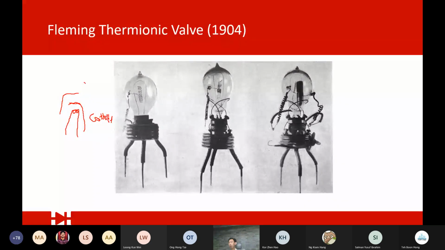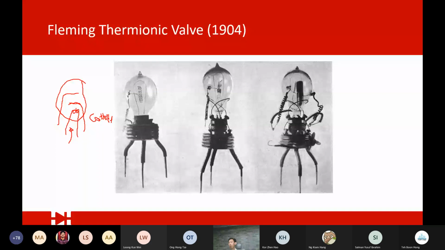Why? Because it has to be a vacuum. Inside it's all vacuum. No oxygen is allowed, because once oxygen goes in, it will never work anymore. In the vacuum condition, you need DC power to heat up the heater.